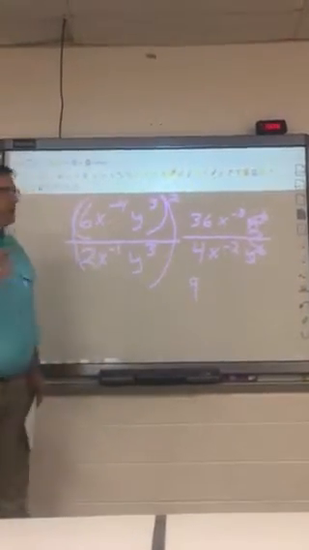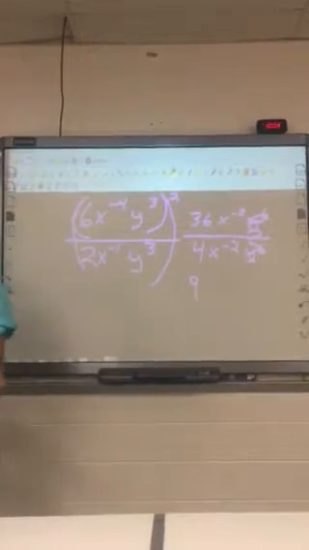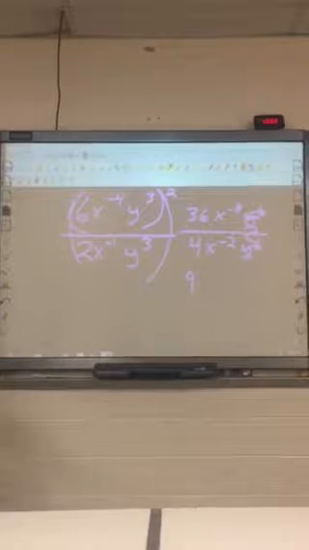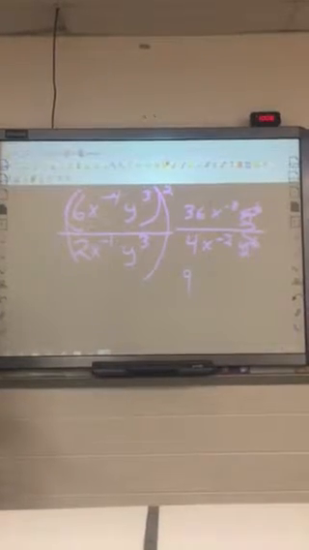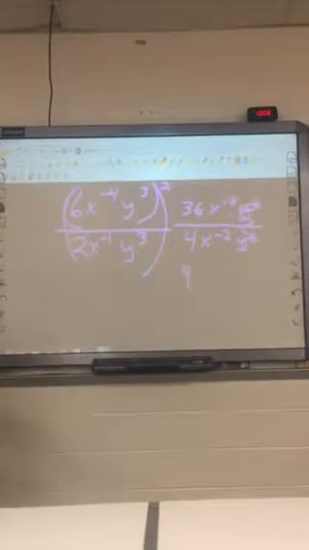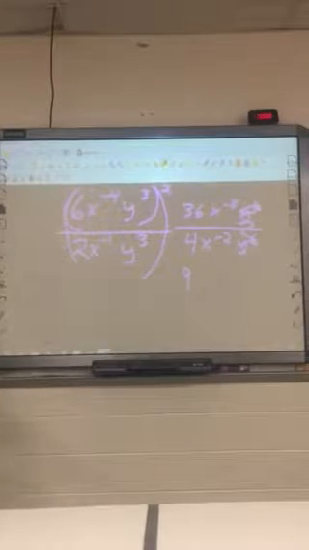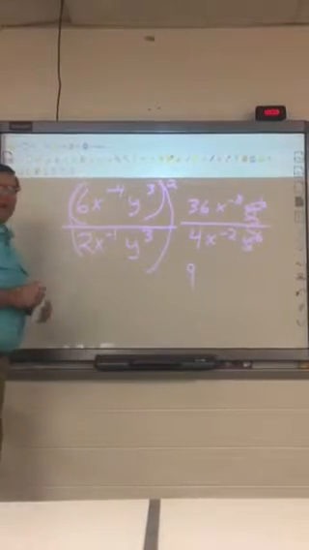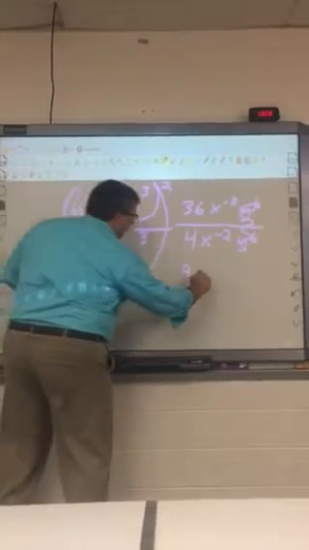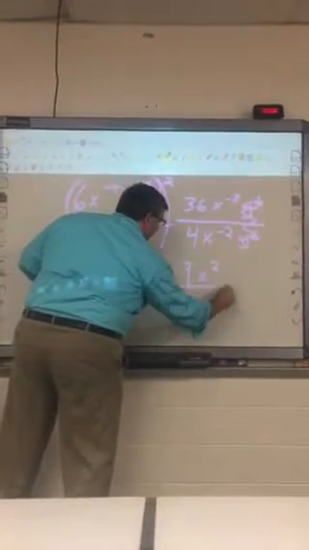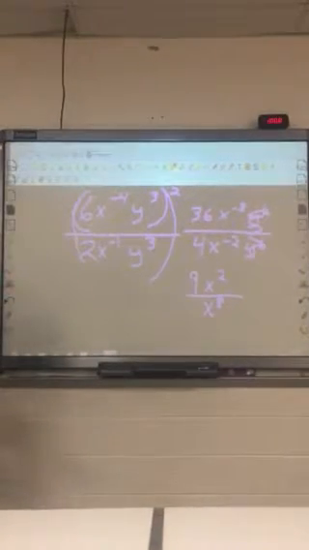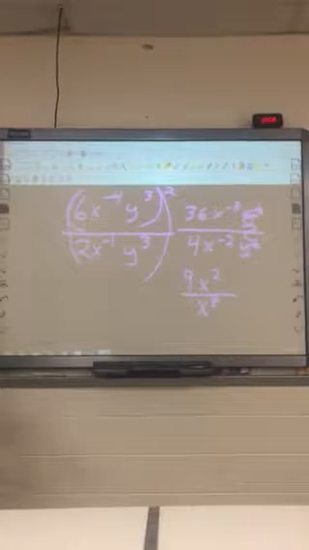Now, what have I told you about negative exponents? They tell you to move me. So I have x squared over x to the 8th. What do I do with my exponents when the bases are the same and I'm dividing?